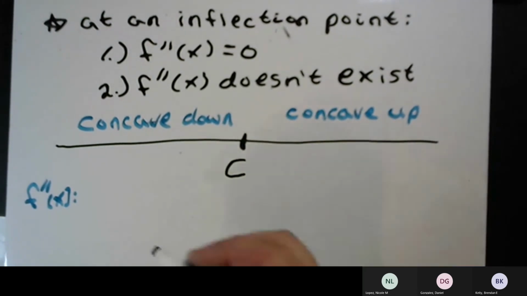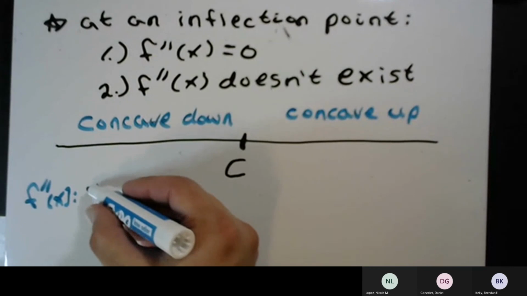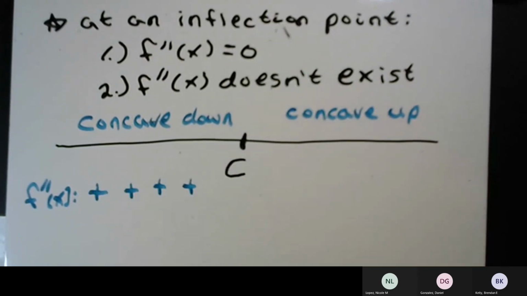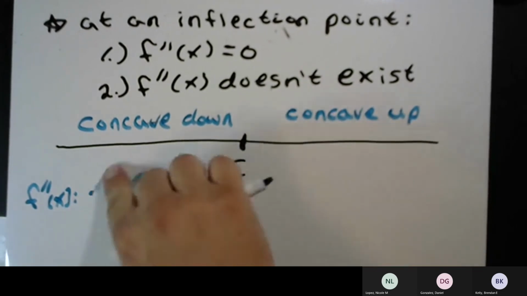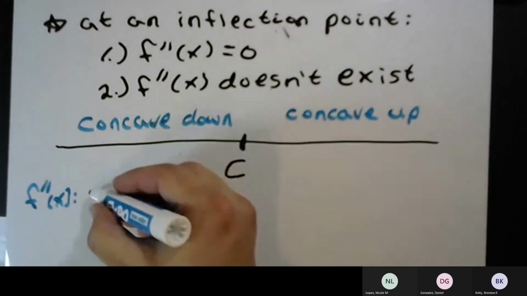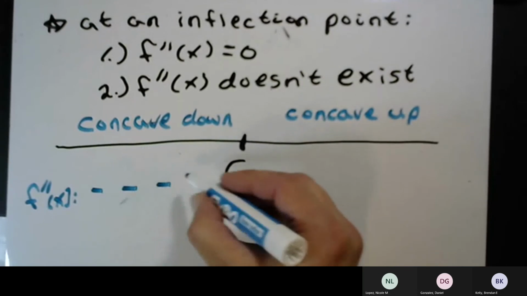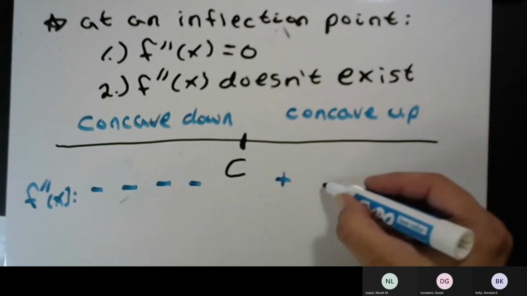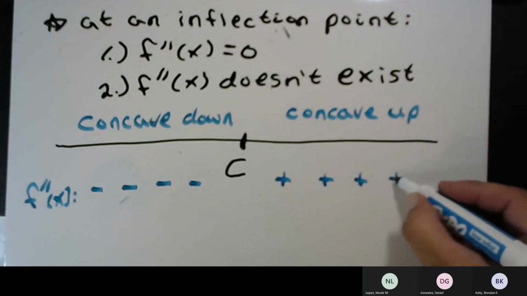Well, if we're concave up, the second derivative is greater than 0. If we're concave down, it's less than 0. Sorry, it's going to be negative. And if it's concave up, it's greater than 0.